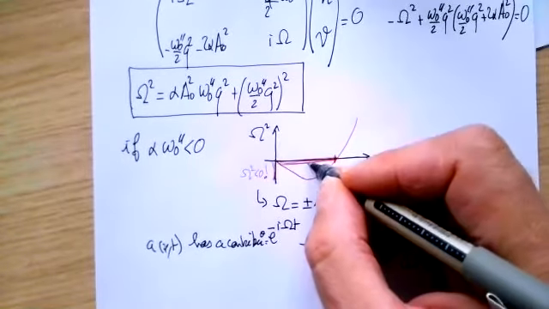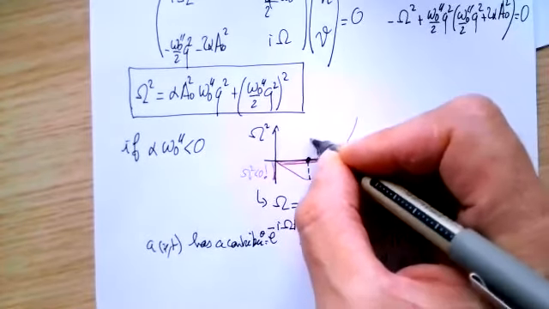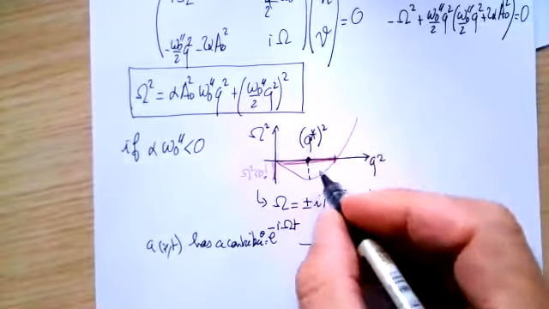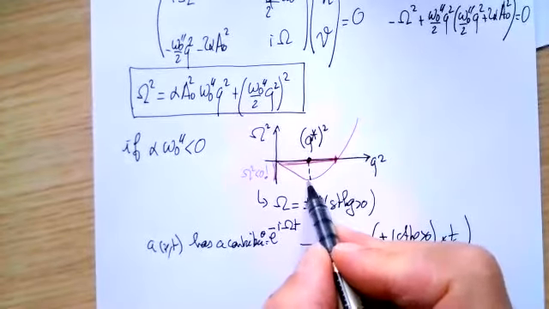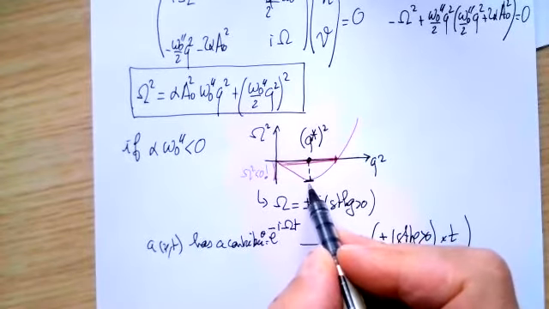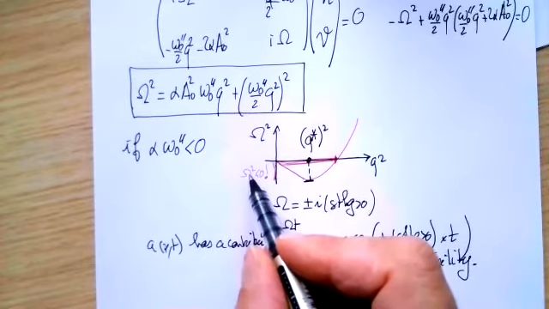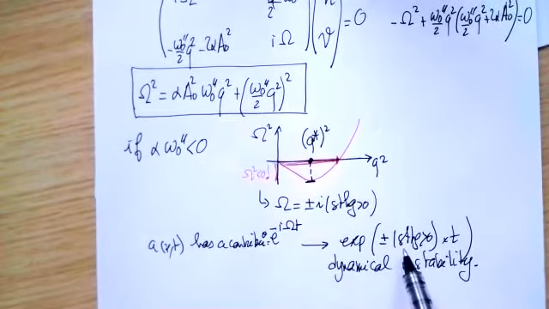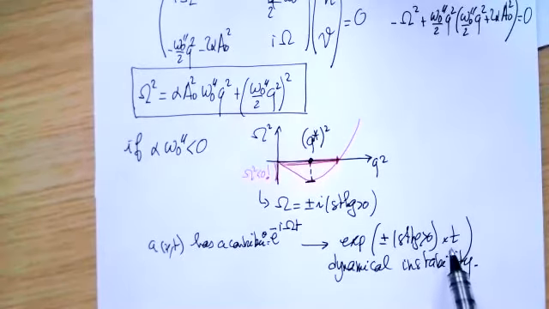That's the q star, where q star squared leads to the most negative omega squared, meaning the omega with the largest imaginary part, the one which diverges most rapidly.